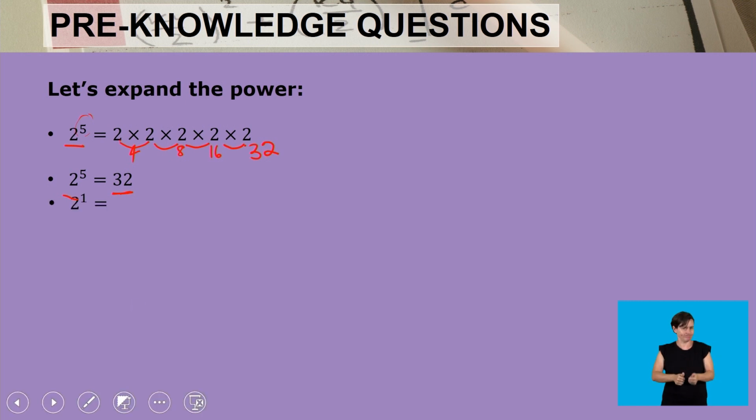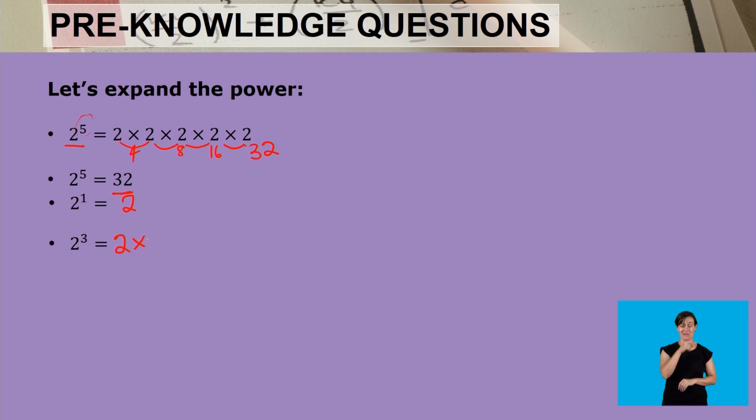Let's look at others. Here we have a power with base 2 and exponent 1. What does that mean? That just means that our 2 is written only once. What about 2 exponent 3? This means that our 2 is multiplied by itself 2 more times, so in total our 2 appears 3 times.